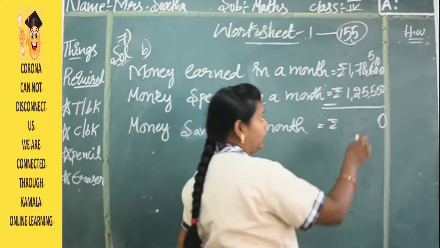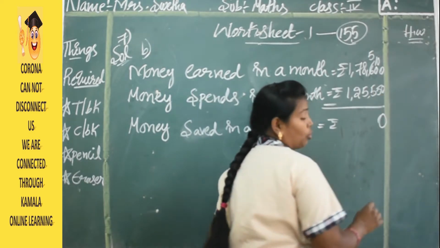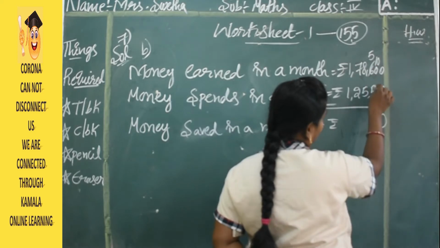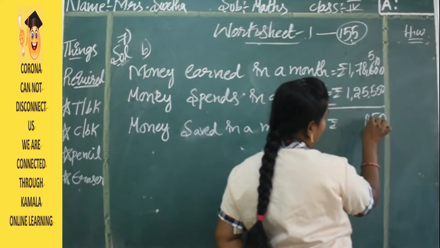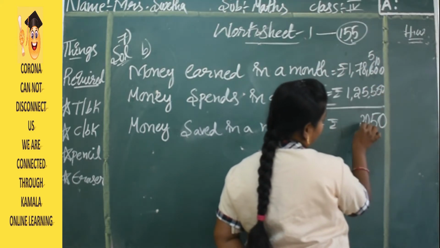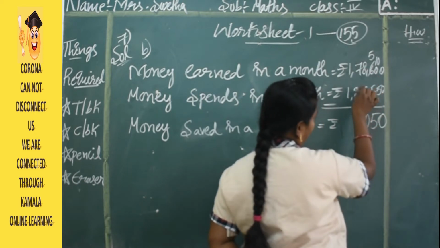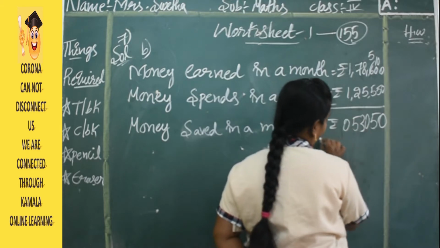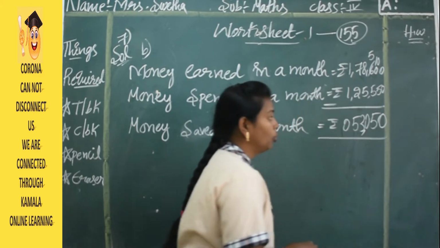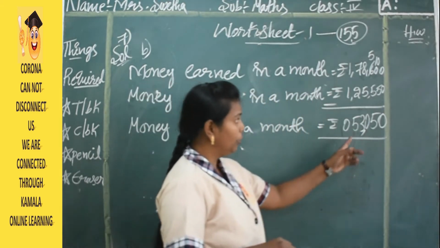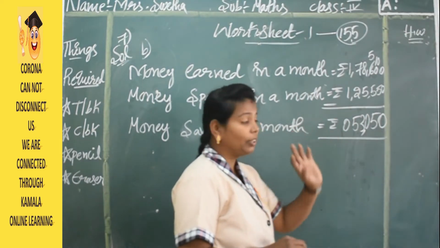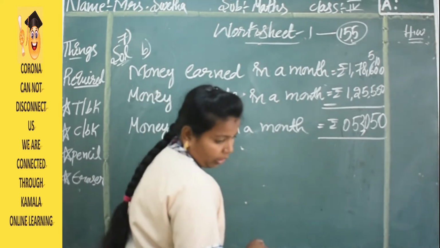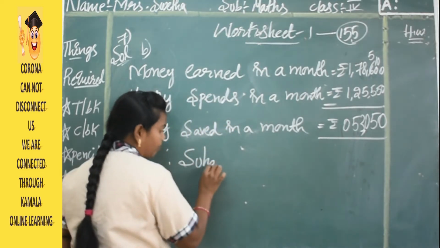So from 10 you take out 5, we will have 5 here. And 5 minus 5 again is 0, 8 minus 5 is 3, 7 minus 2 is 5, 1 minus 1 is 0. So in total how much is he saving in the month? 53,050 rupees.